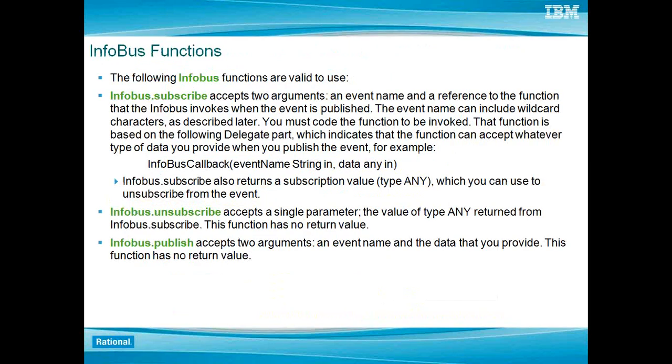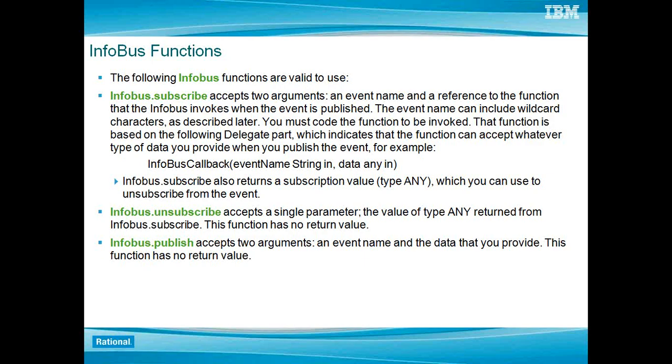Okay, here we are quickly going to see the details of different functions that we have inside of the Infobus library. We have a subscribe function that accepts two parameters: the event name and a reference function that will be called when it receives the data from the publisher. We have another function, Infobus.unsubscribe.